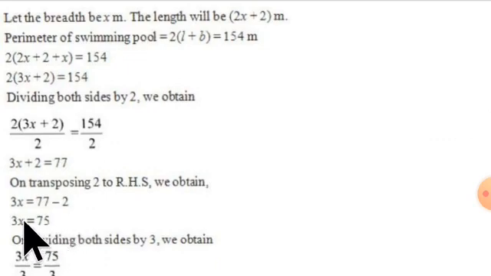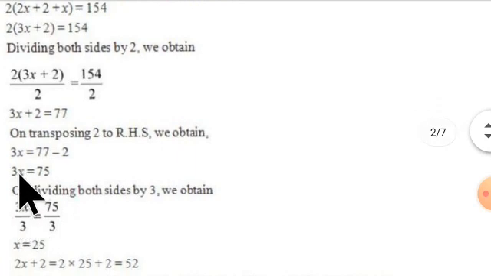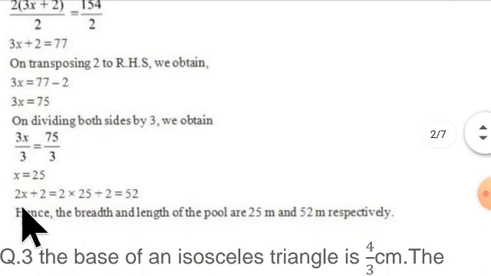Now this 3 is in multiplication with x, so we will divide both the sides by 3. 3x upon 3 equal to 75 upon 3. So 3 will be cut here and 3 twenty-fives are 75. So x is equal to 25.